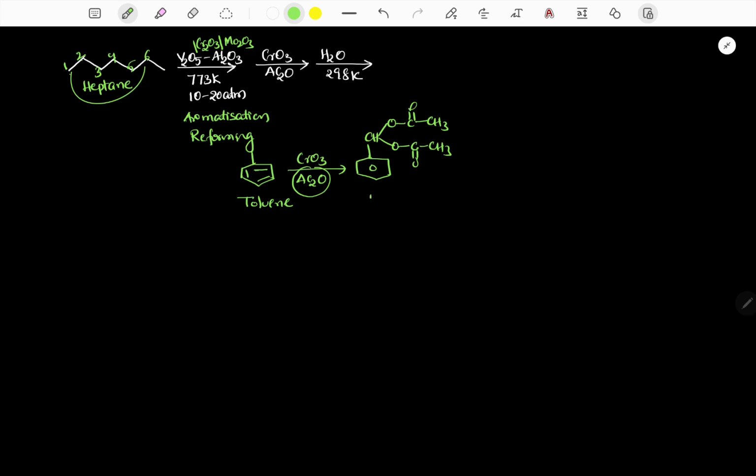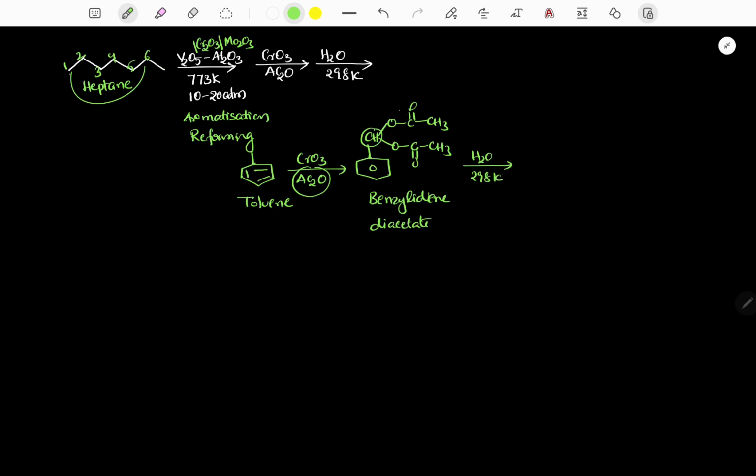So this is called benzylidene diacetate. It is a benzylic carbon. Now it is treated with H2O at room temperature.